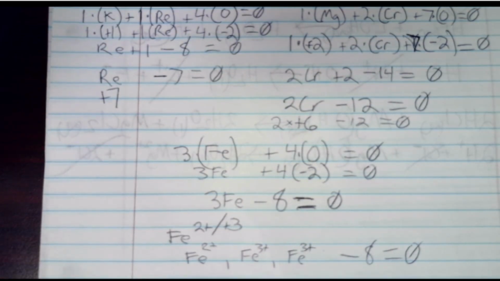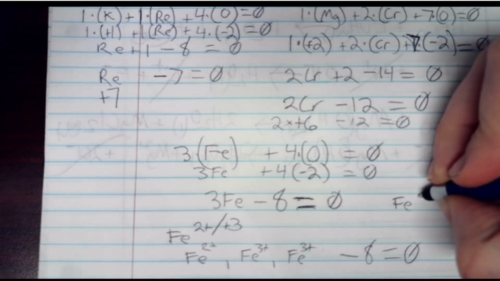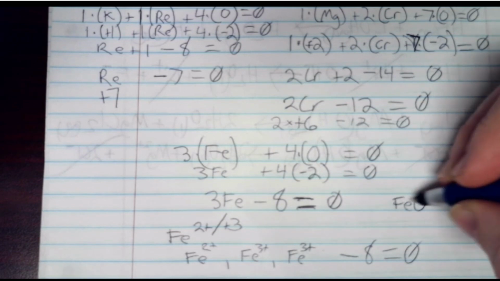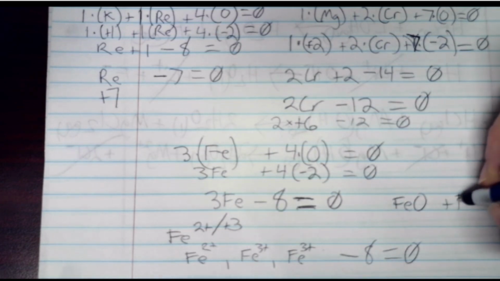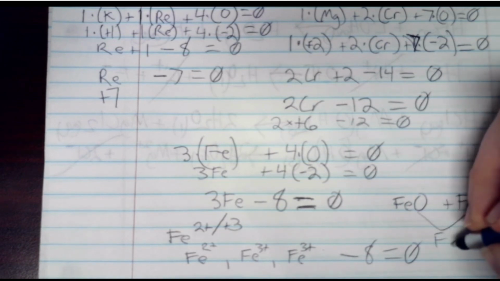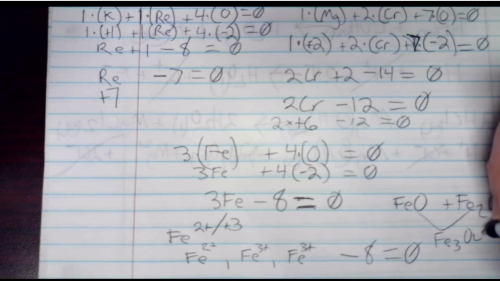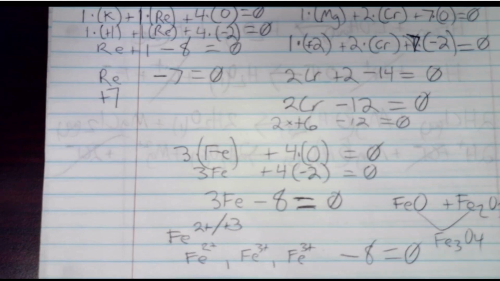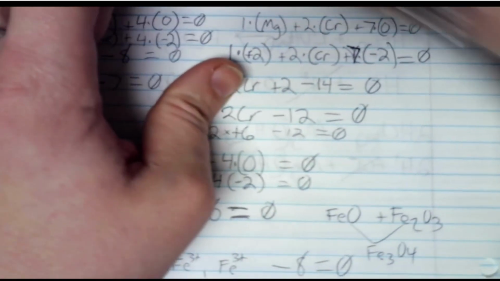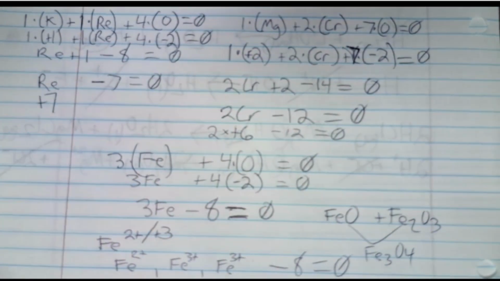But this is a very weird one. We are mixing 2 species of iron: iron 2 oxide and iron 3 oxide. When we put those together, we get the iron Fe3O4. But it is a very special case. I throw that in there as a trick problem.